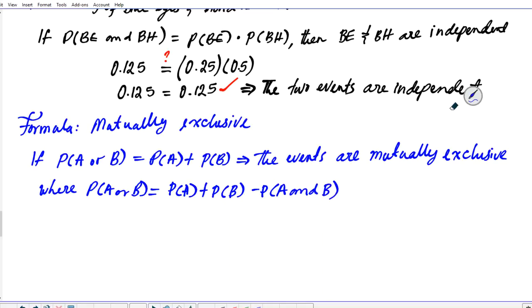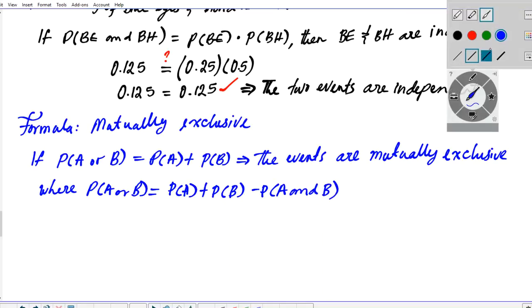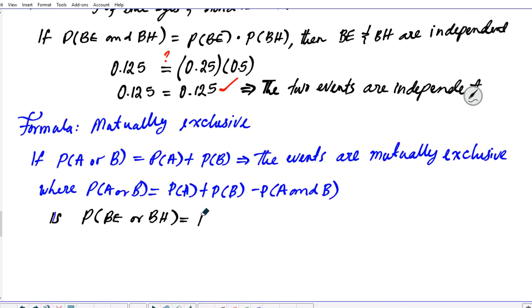Okay? Alright, so let's get started. We want to answer the question: is the probability of blue eyes or blonde hair equal to the probability of blue eyes plus the probability of blonde hair?